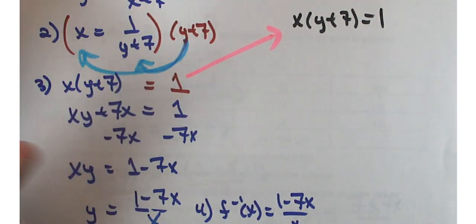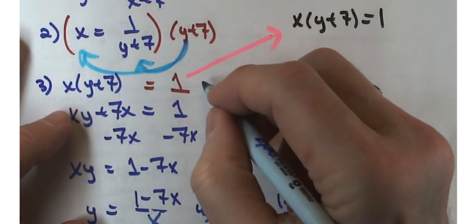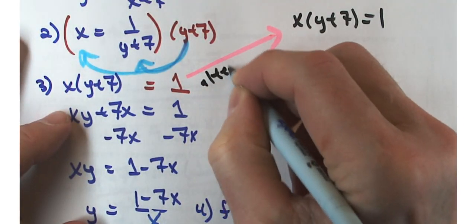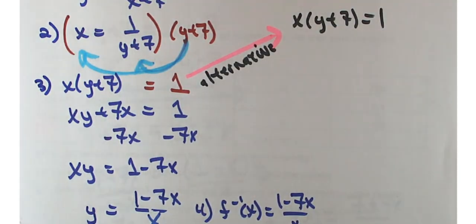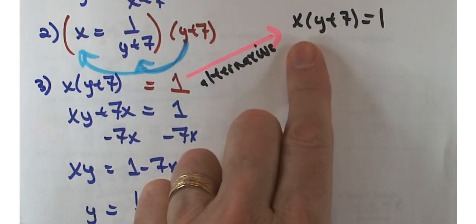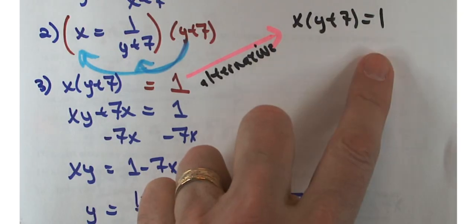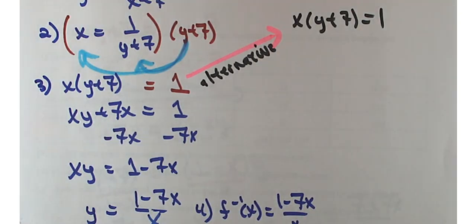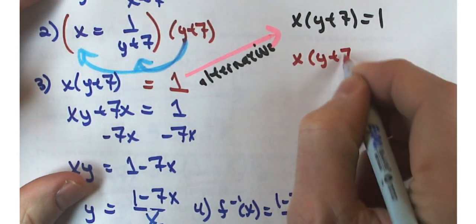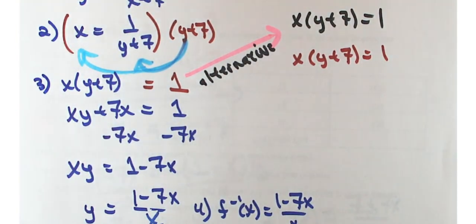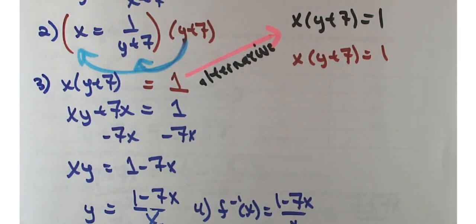So this is an alternative. If I'm looking at this going, I want to get y by itself, one possibility is just to divide out the x. Kenzie suggested just the same. The reason I was a little bit reluctant to do that is because most people don't see that trick.